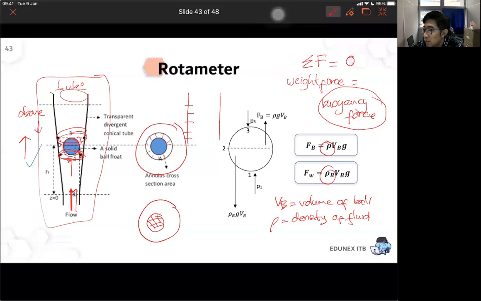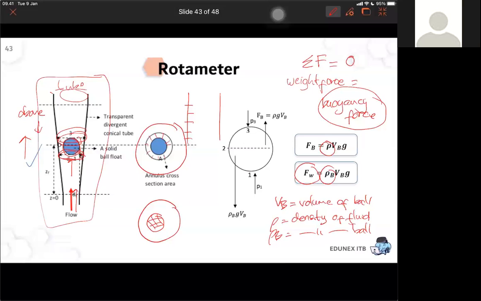But this one is density of the ball. So it's like F equals to mg, sir? Yes, correct. Because all the ball are inside the fluid, right? So the condition is always when you calculate the buoyancy force, the volume is always the whole volume of the ball.